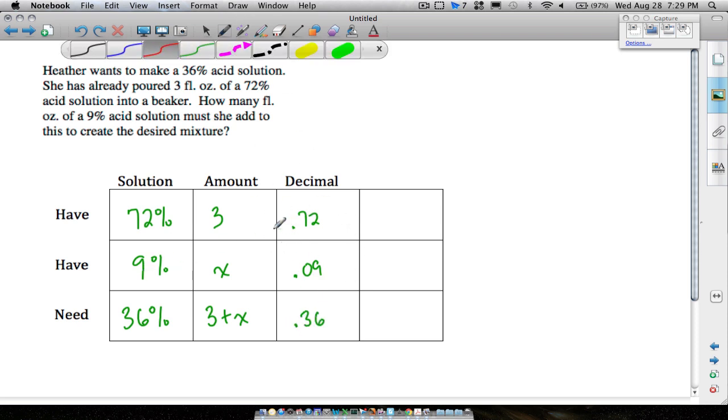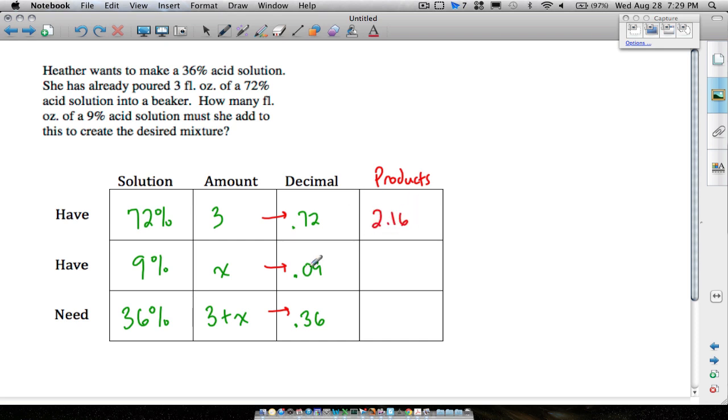If you recall from the last example, we want to multiply these pieces together to obtain our products, which are going to help us solve the equation. So 3 times 0.72, we get 2.16. x times 0.09 is 0.09x. And then multiplying these, very similar to the last example, you want to set up the distributive property.